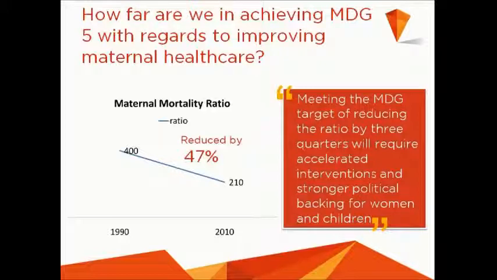This means that from 400 maternal deaths per 100,000 live births, it has decreased to 210, between 1990 and 2010. Meeting the MDG target of reducing the ratio by three-quarters will require accelerated interventions and stronger political backing for women and children. That's what the MDG report advises.